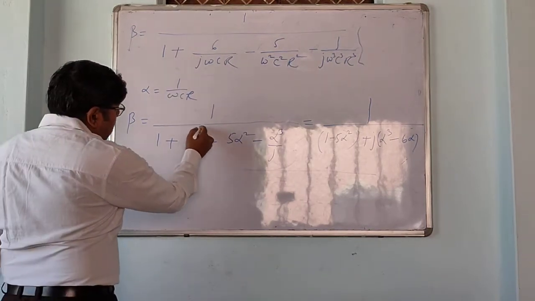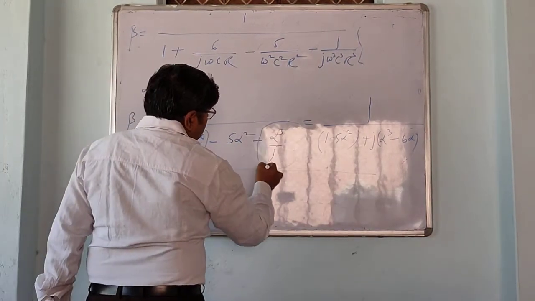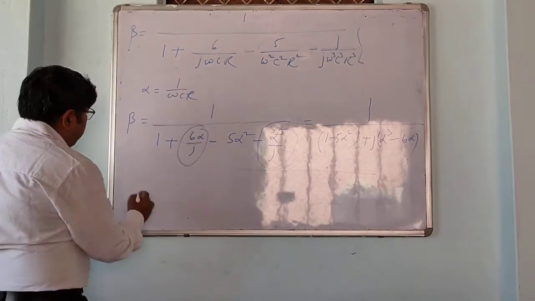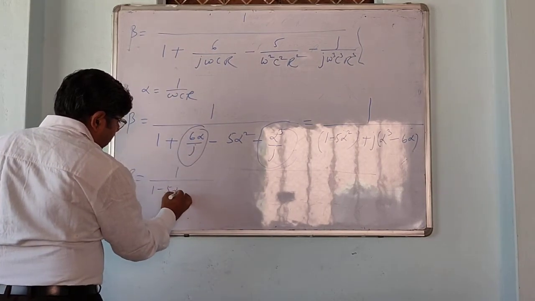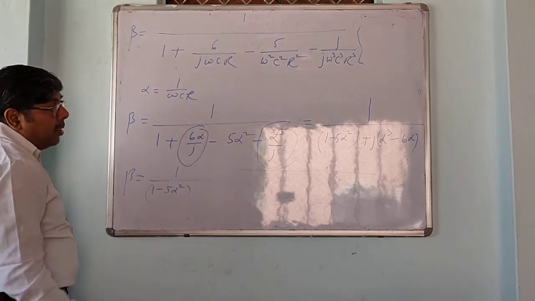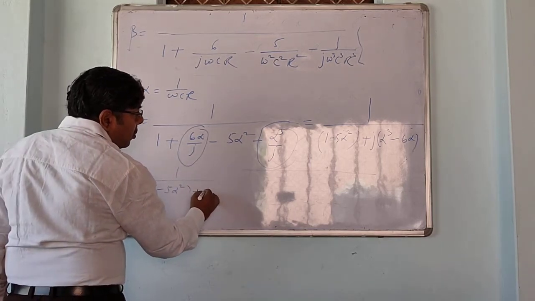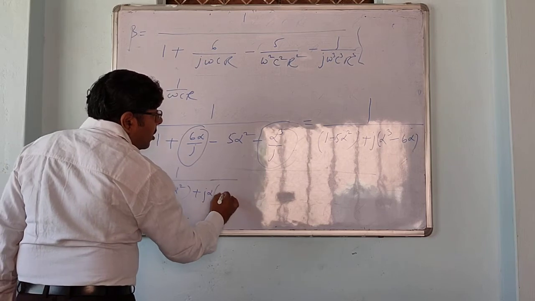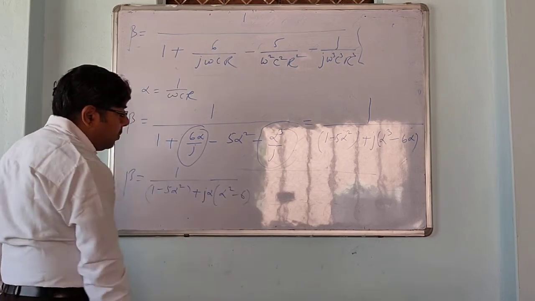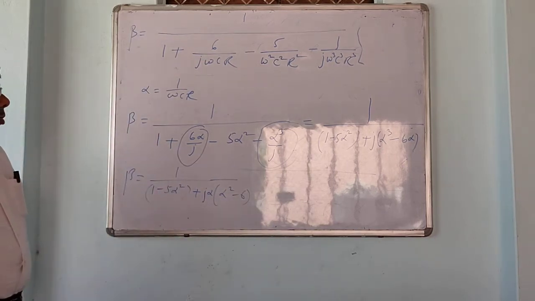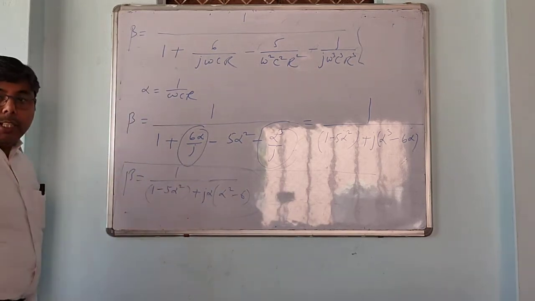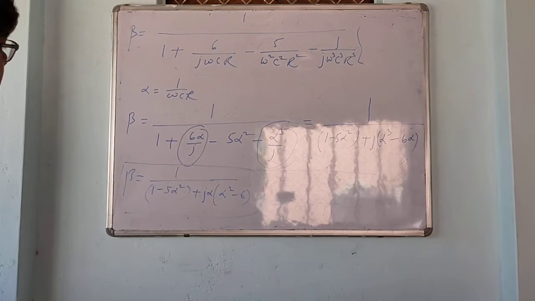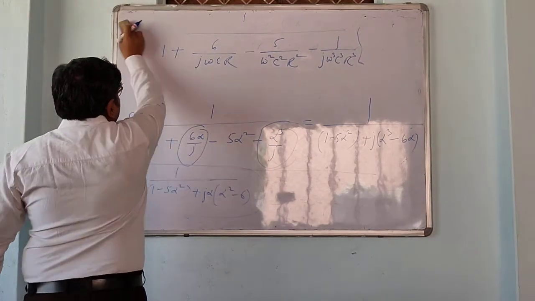After these two terms, beta equals 1 upon 1 minus 5 alpha square, this is the real form, plus j alpha times alpha square minus 6, taking alpha common. So this is the expression for beta, and we can easily obtain the frequency of oscillation from this expression.